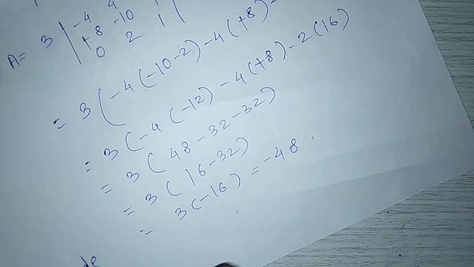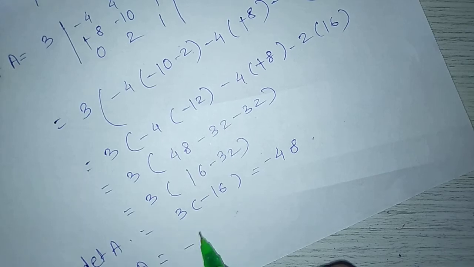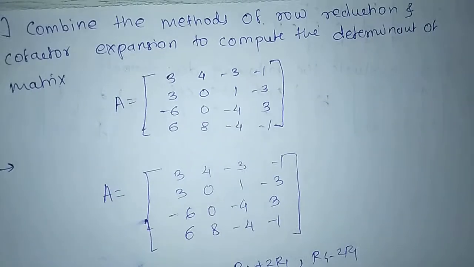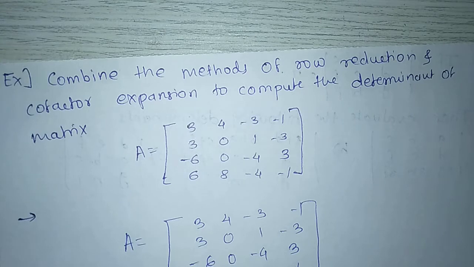So determinant of A equal to minus 48. We combined two methods, row reduction and cofactor expansion.